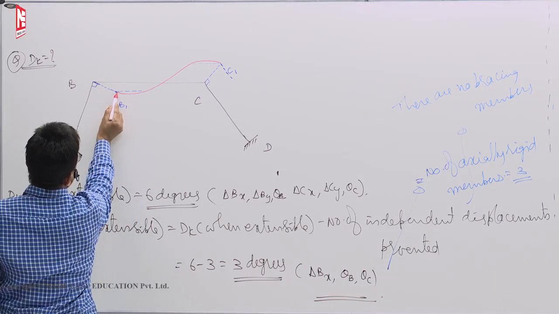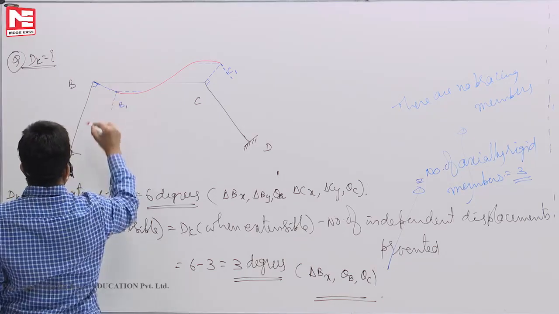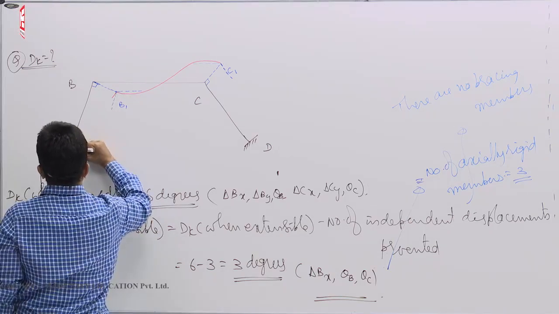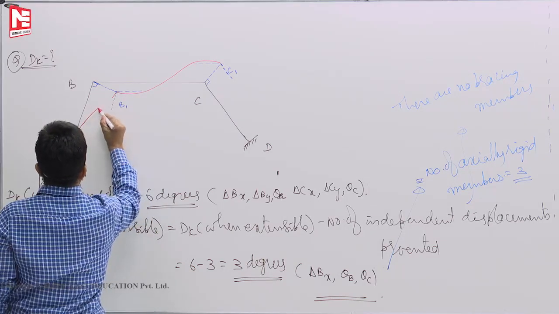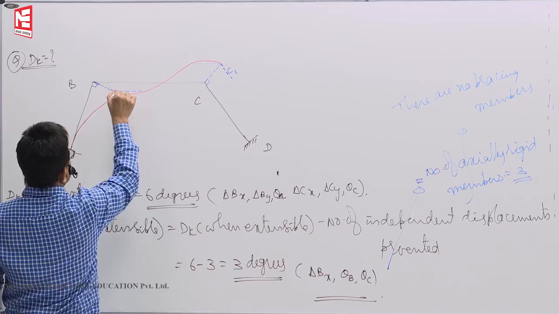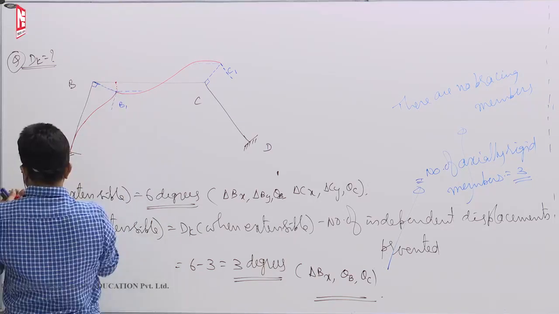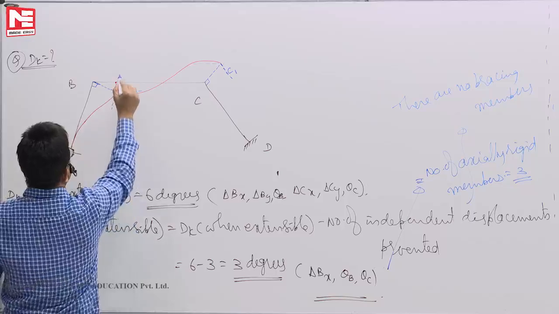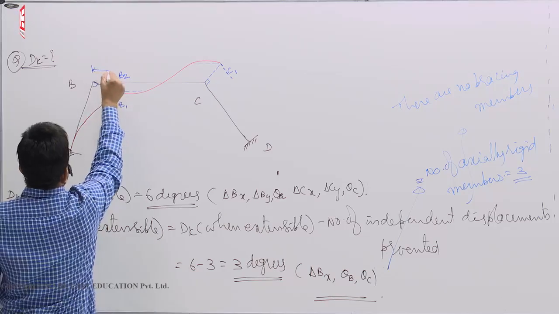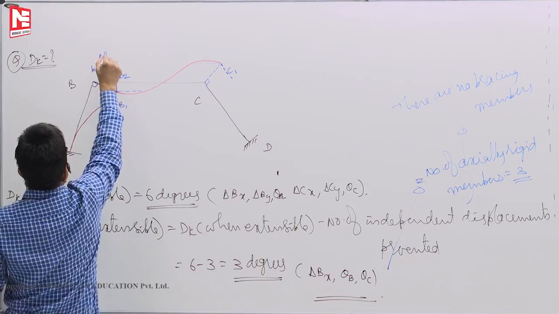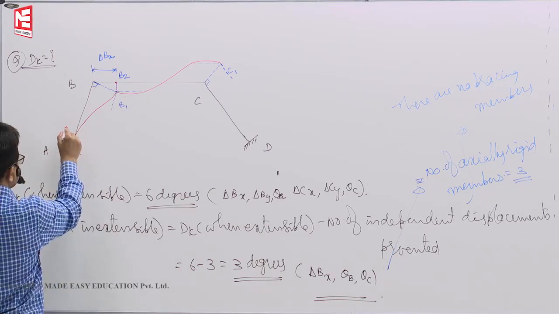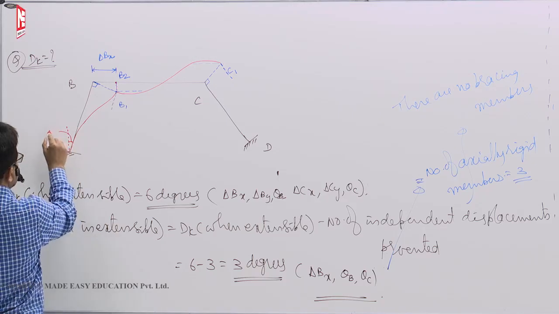This rotation, let us say theta b, whatever value, this is sagging. Here also it must sag. Sagging, sagging. B1, this point, if I take this point, let us say B2. This one I call delta Bx. This angle with respect to vertical, let us say theta.